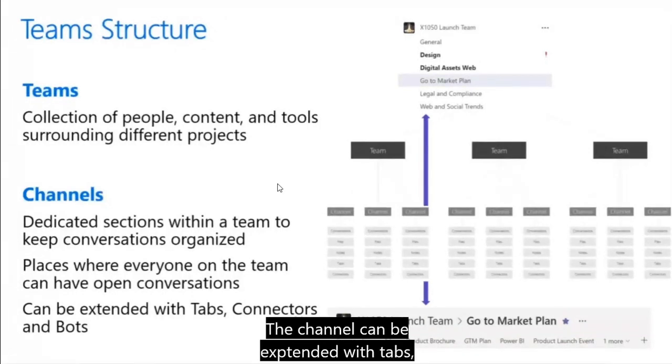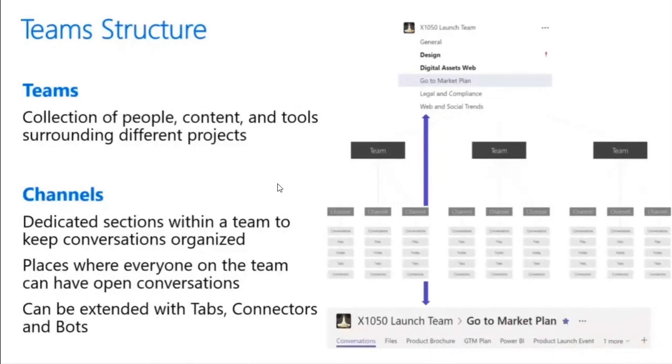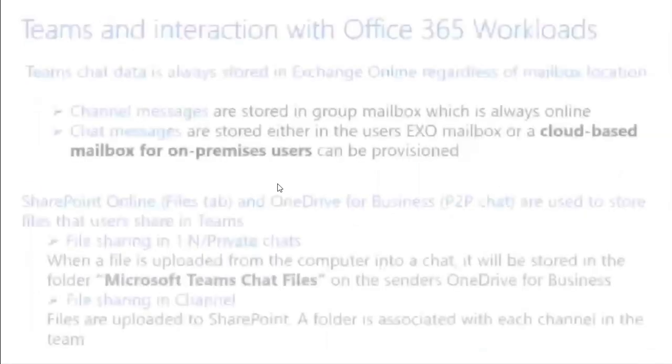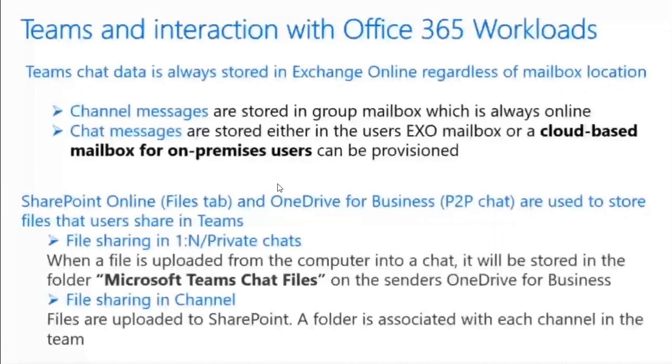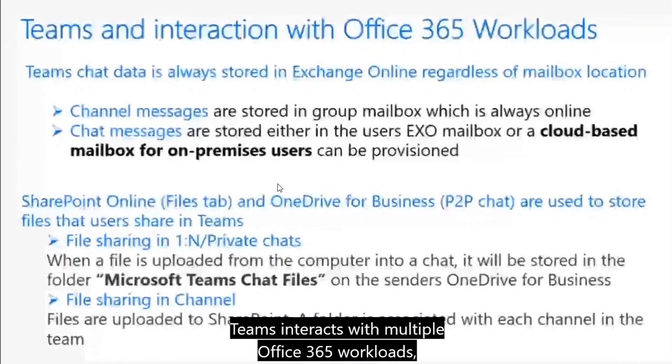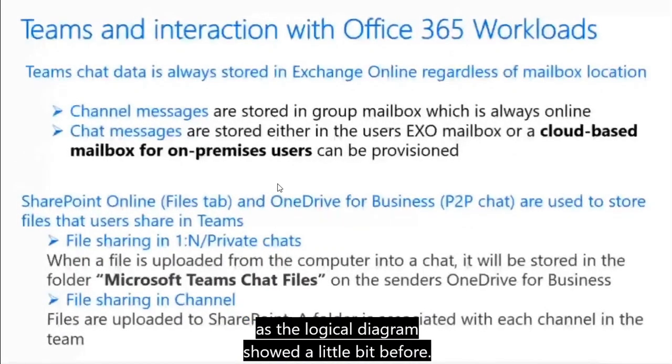The channel can be extended with tabs, connectors, and votes to extend its functionality. Teams interact with multiple Office 365 workloads, as the logical diagram showed a little bit before.